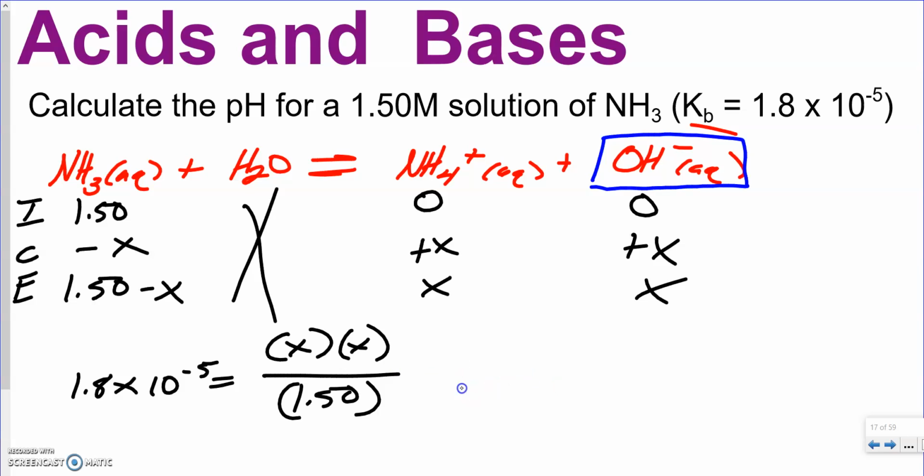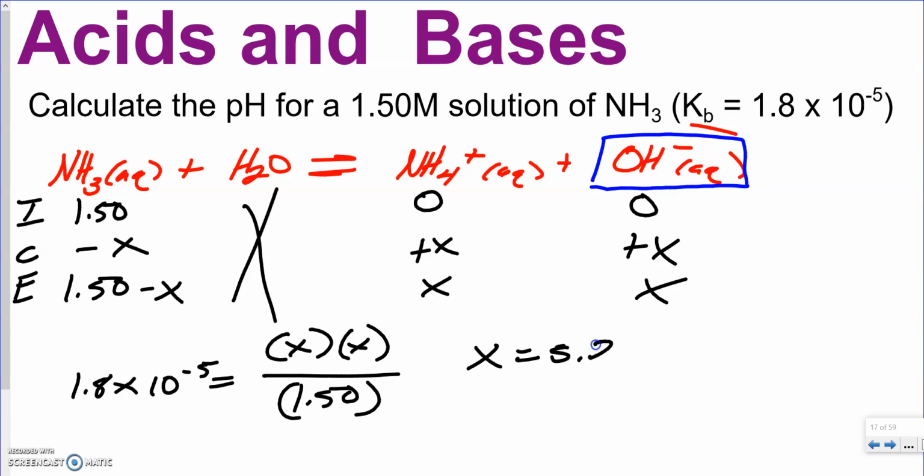So let's see what we get. Take a second, calculate it, see what you get. Okay, and to mathematically solve, we're going to multiply by 1.50. We're then going to take the square root. I'm getting my X value to be 5, looks like probably 3 sig figs based off original concentration, which is probably what the other one should have been too, but that's okay.